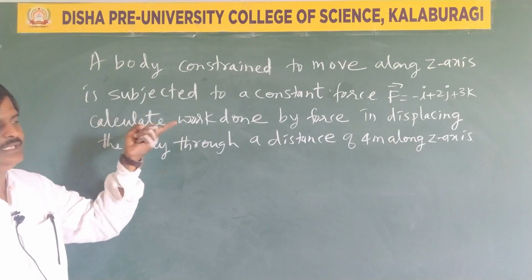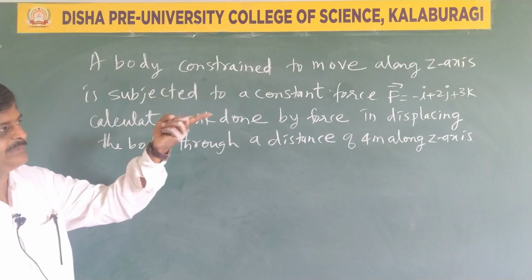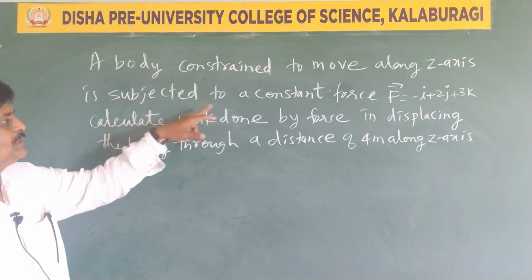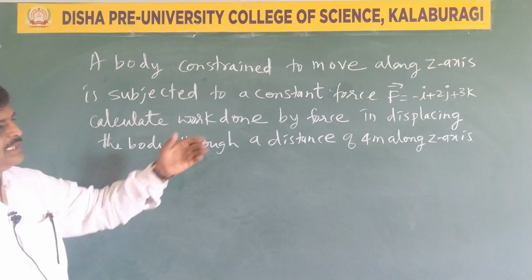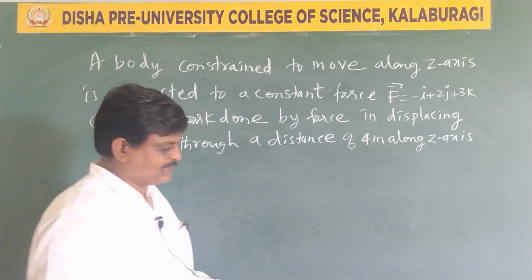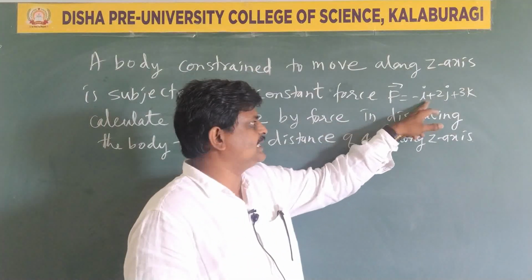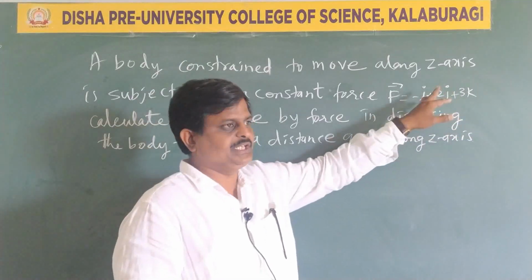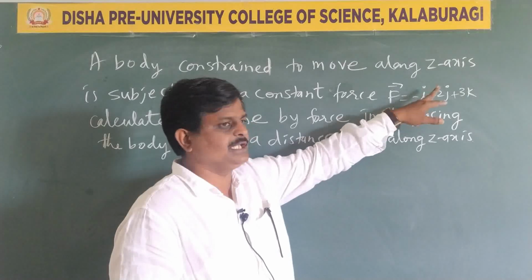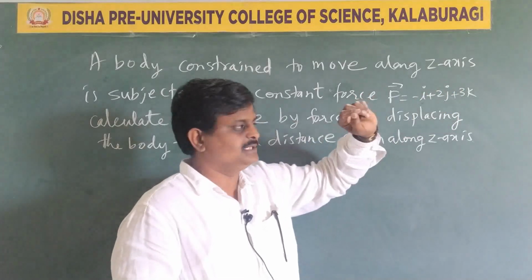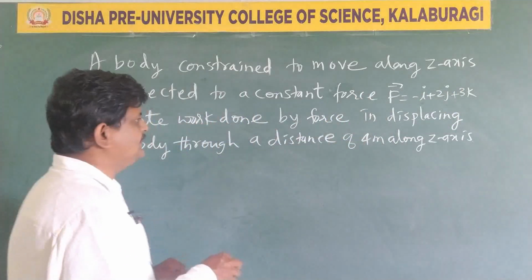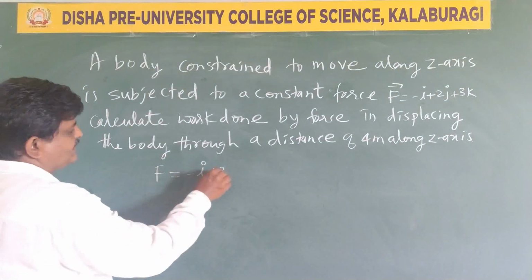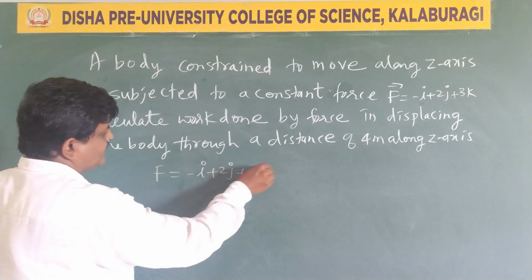Do you know the vector that is specifying the z axis? That is k. It is subjected to a constant force, and the representation of that force is minus I plus 2j plus 3k. What are the coordinates over here? Minus 1, 2, 3. Agree? So there is a force given. The force vector is minus I plus 2j plus 3k.